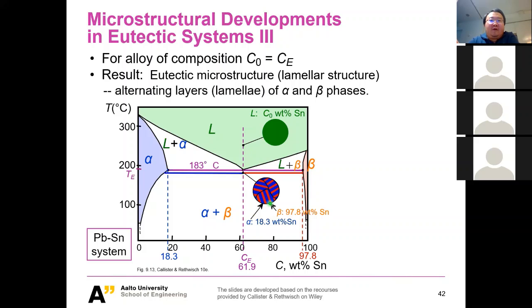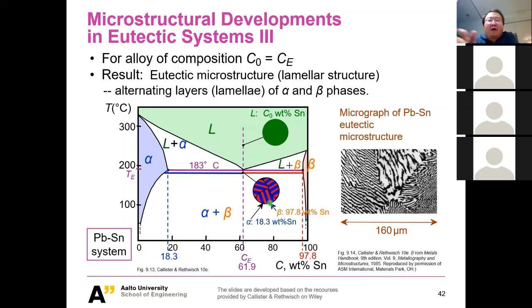In the end, you can also apply the lever rule to calculate the weight fraction of alpha and beta you have. This is a schematic drawing. This is how the microstructure would look under your SEM or LOM. So this is the eutectic microstructure. You can see one layer is alpha and one layer is beta.